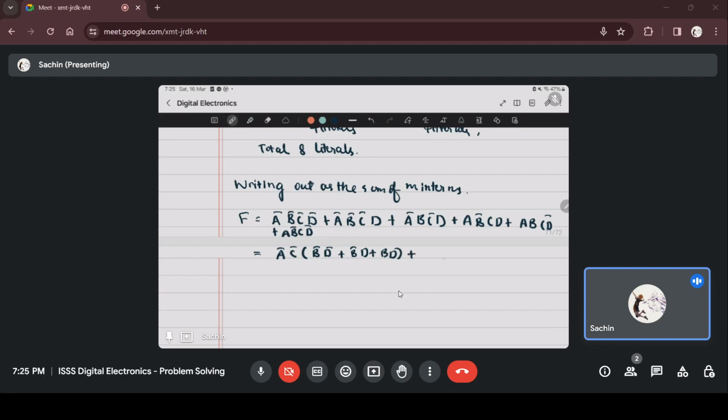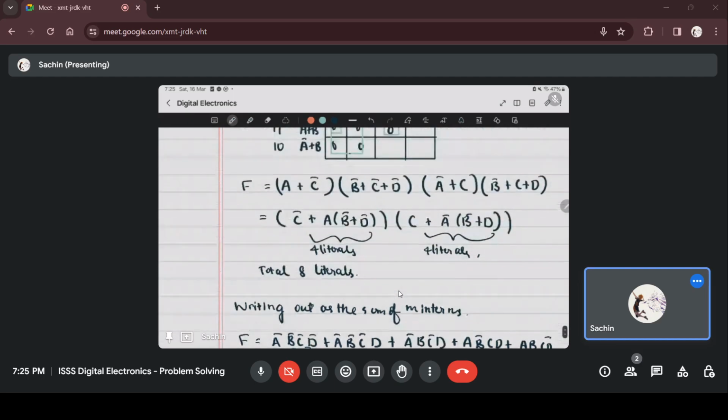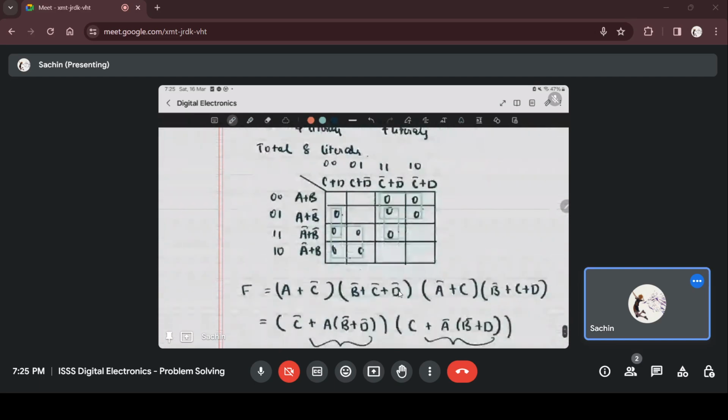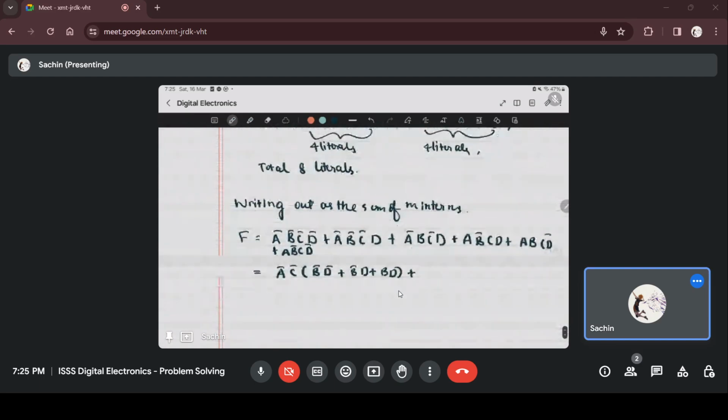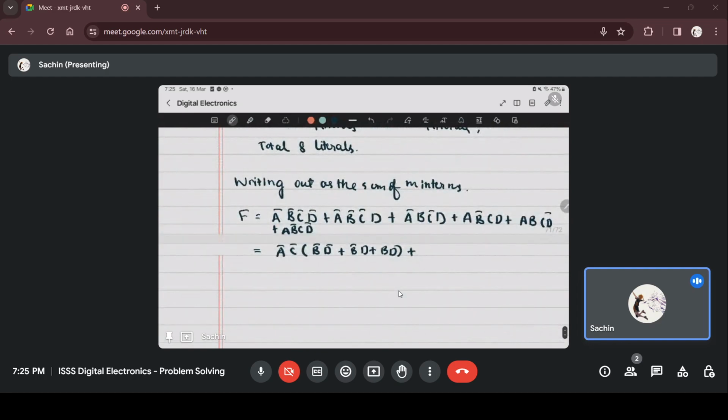Other term can be this will give us the same thing as the sum of products expression. So maybe we can't do that.